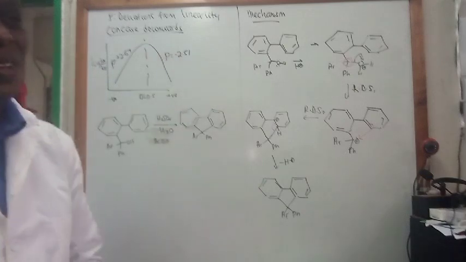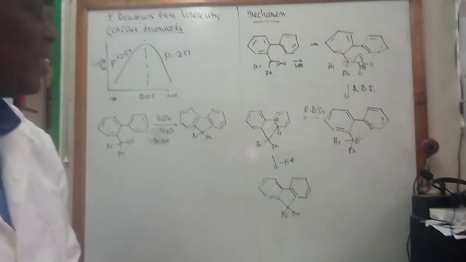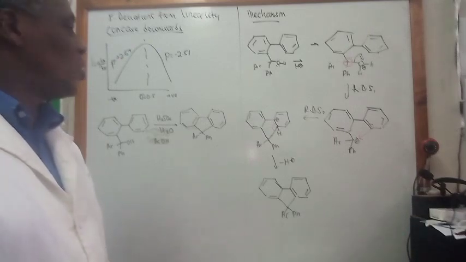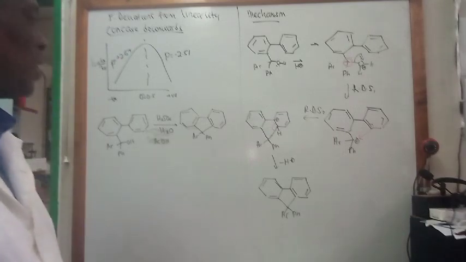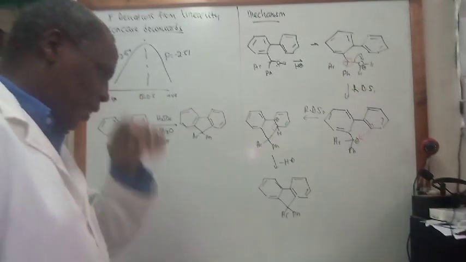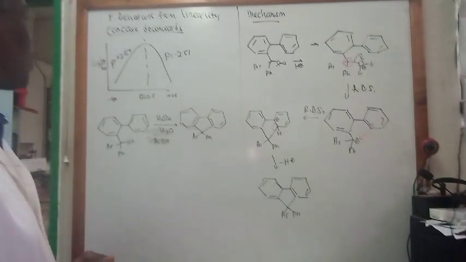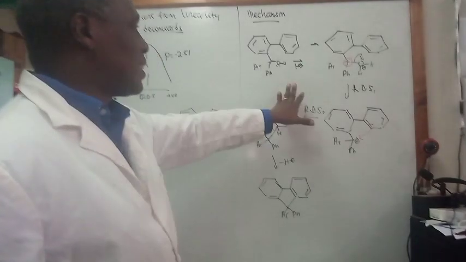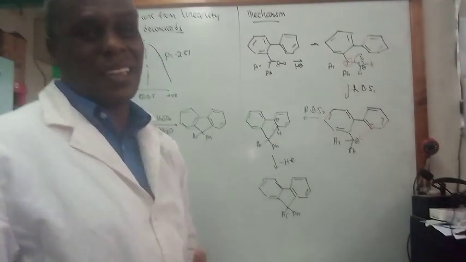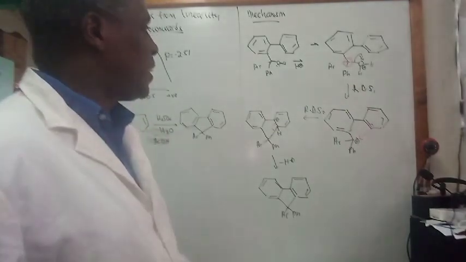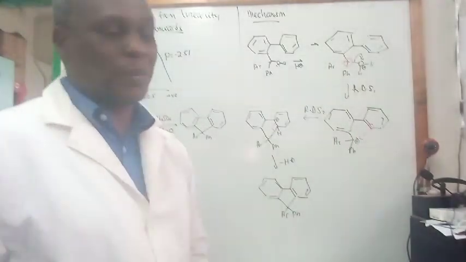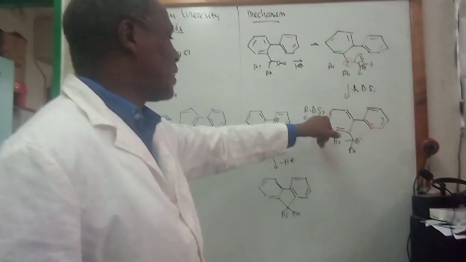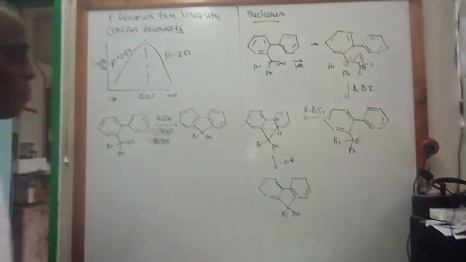So this is the overall plot, and the scientists were now trying to understand the case. What was suggested as the way forward was that the mechanism is the same, but there are two rate determining steps. There is the rate determining step 1, and this is another rate determining step.